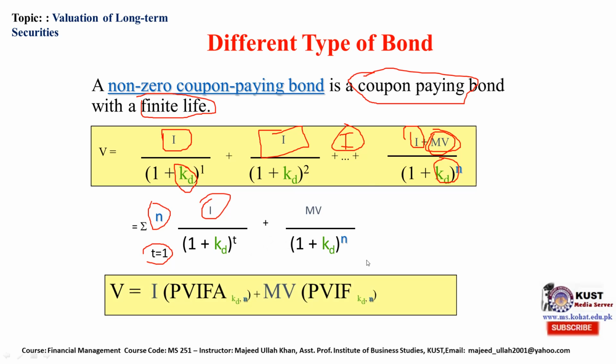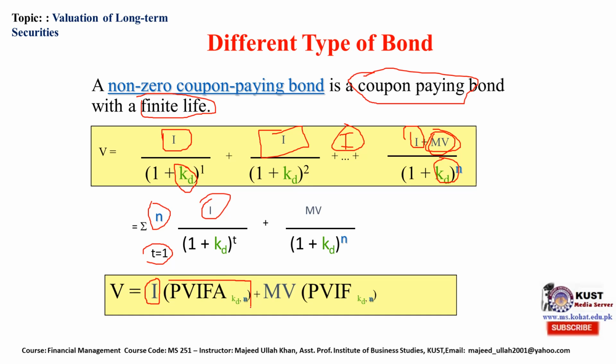Further, instead of dealing with such hard mathematics, we will rely on our time value of money tables. So the value will be I. I is basically an equal amount of interest after equal intervals of time for a specific time period, so it is an annuity.